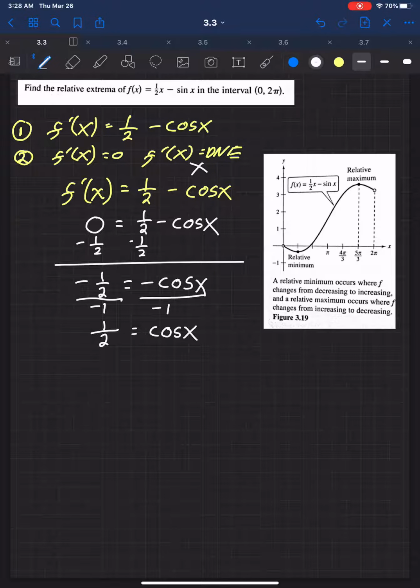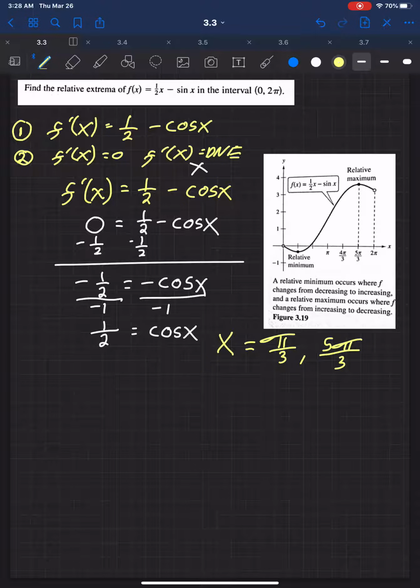Either way, we're going to have to somehow reach the fact that that is true when x is at pi over 3 and when x is 5 pi over 3. With me? Because we are done with step 2. We have found the critical numbers at pi over 3 and at 5 pi over 3.